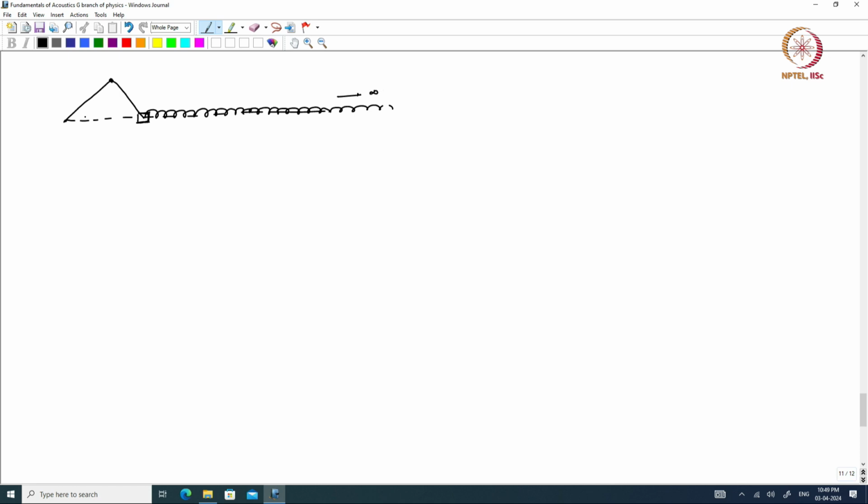Now, let us say this has only unit length, okay, and so now this rotates at an angular frequency omega. So, it keeps going around repeatedly. Okay. So, it does f cycles per second, f rotations per second, and therefore, twice pi into f is equal to omega radians per second.